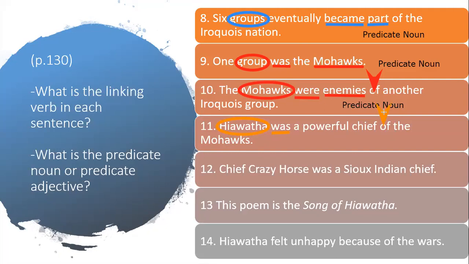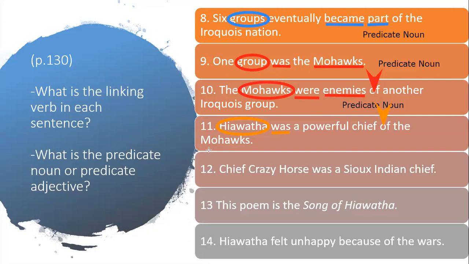So let's see if I can do it. Okay, so you identified of, which means that words after of cannot be a predicate noun. Now, the only two options that we have are powerful and chief.